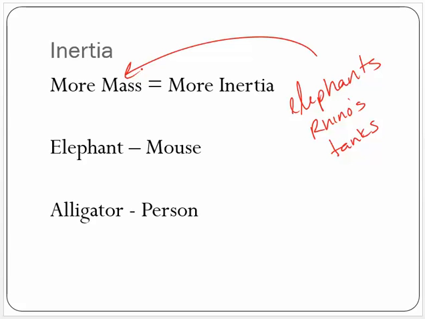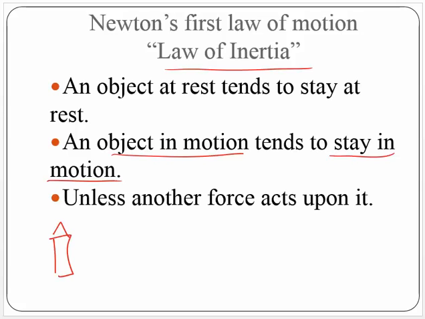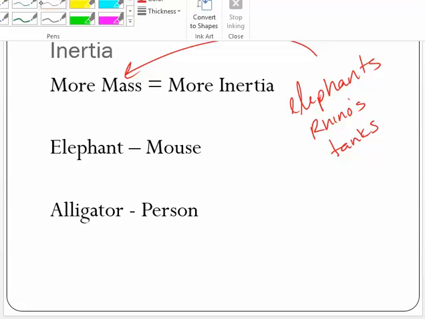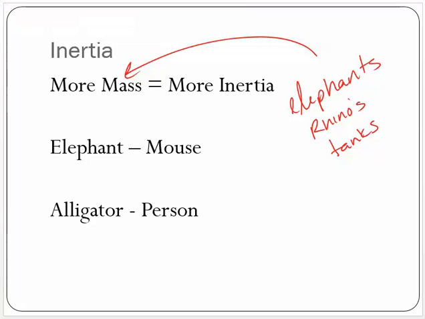An elephant has a lot more inertia than a mouse. Well, what does inertia mean? It goes back to Newton's first law. The more inertia you have, the more these two rules are in effect. Once you get an elephant moving, it's a whole lot harder to get that elephant to stop moving. An elephant has more inertia. A mouse can stop on a dime.